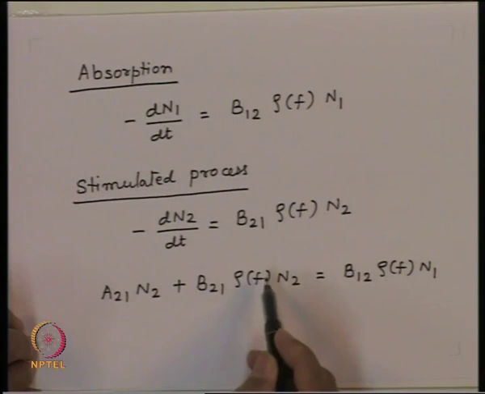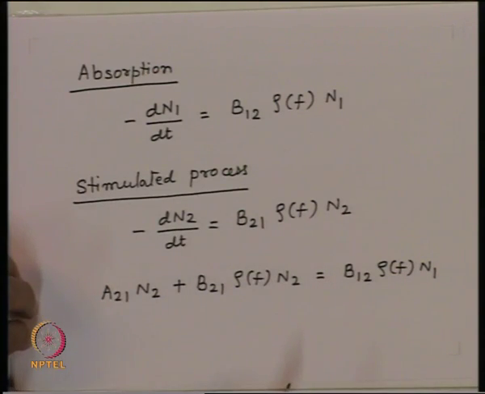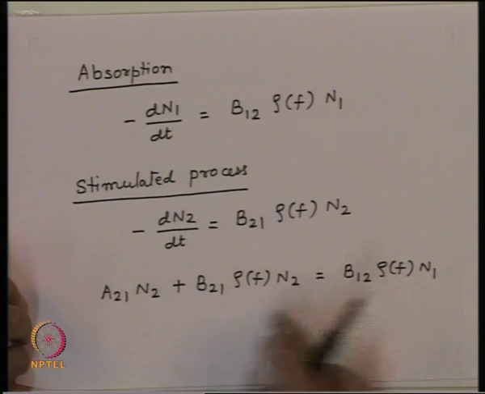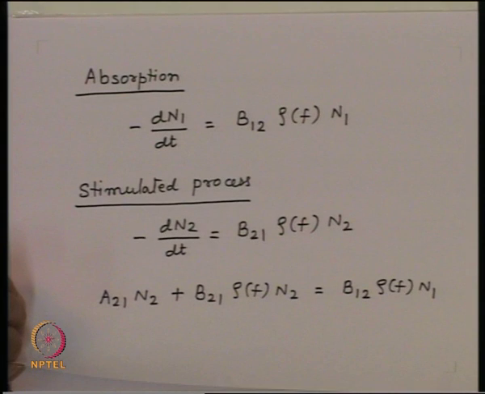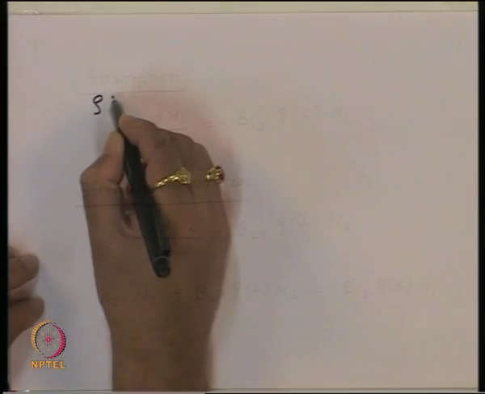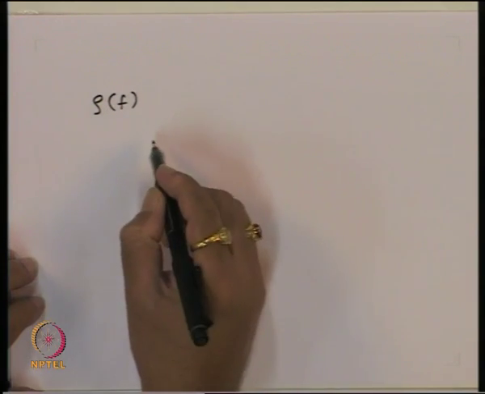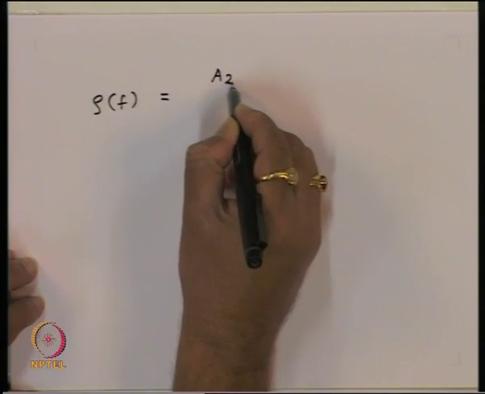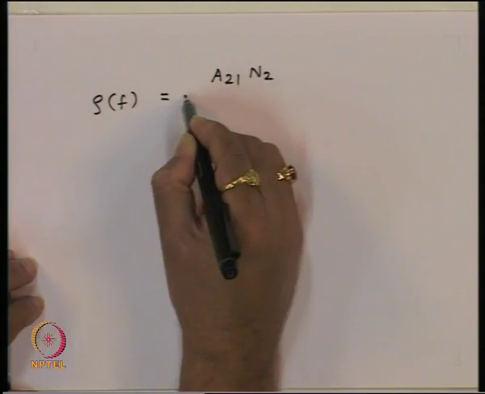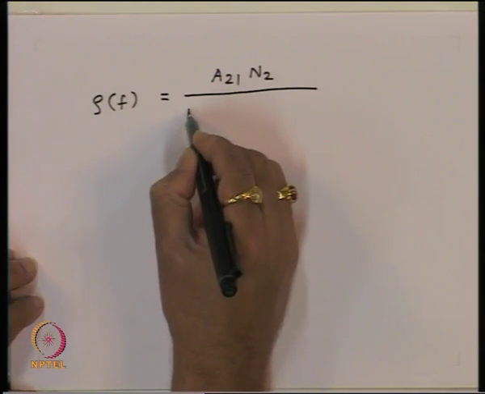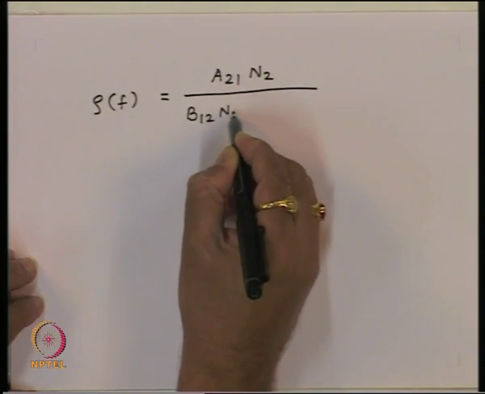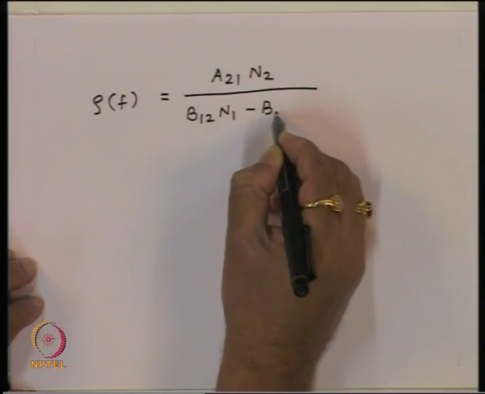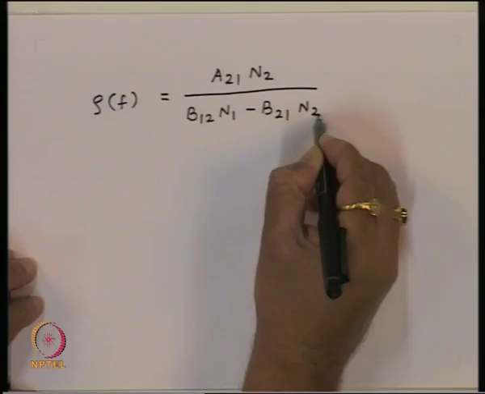If we rearrange this, we can find out what is the net photon flux coming out of the material. If I simply rearrange this and substitute, we can get the net photon flux coming out, rho of f, that will be equal to A21 N2 divided by B12 N1 minus B21 N2.